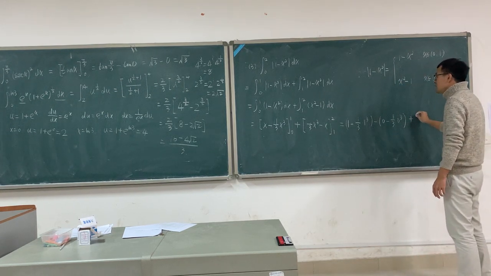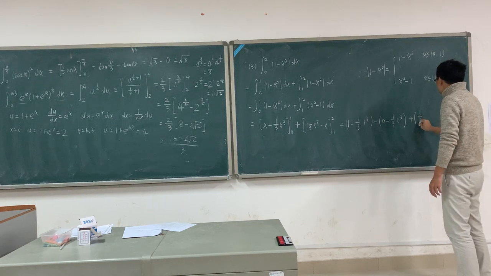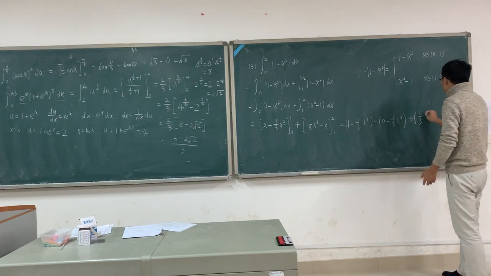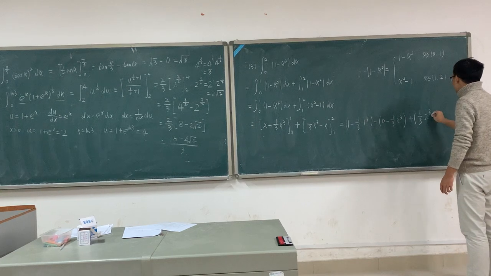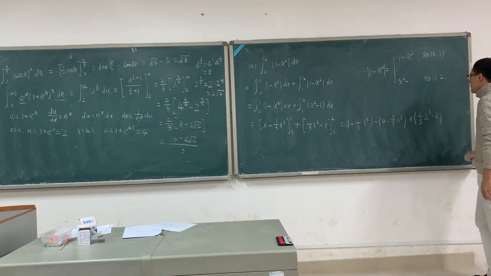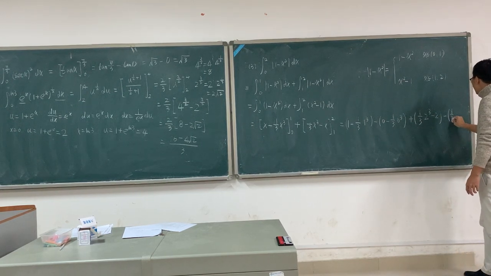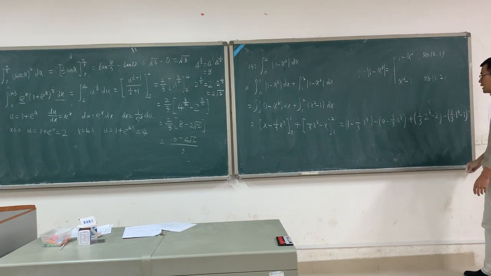Plus 1 by 3 times 2 cubed minus 2, and then minus 1 by 3 times 1 cubed minus 1.